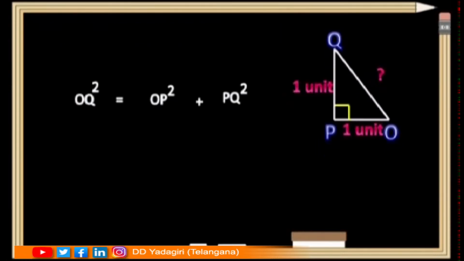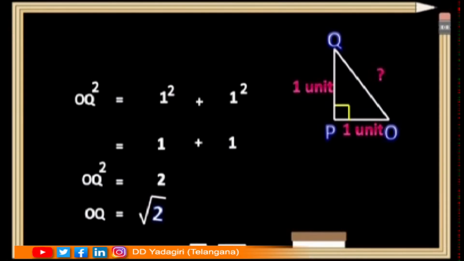Now we will find the value of the hypotenuse. Here OQ square is equal to 1 square plus 1 square, that is 1 plus 1, which is 2. As OQ square is equal to 2, OQ is equal to square root of 2. So this concept is useful to locate irrational numbers on the number line.